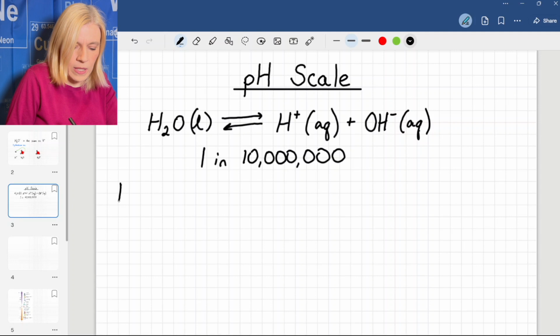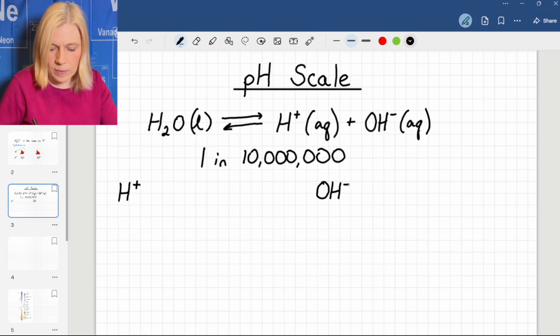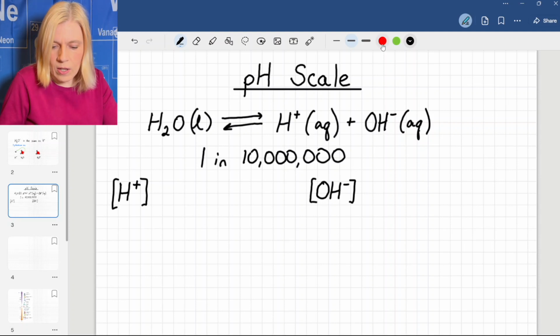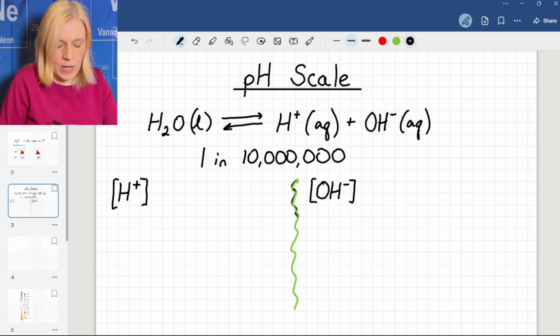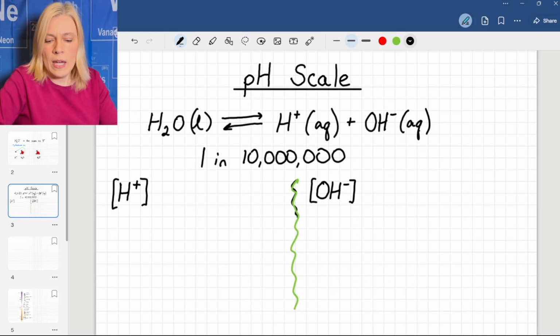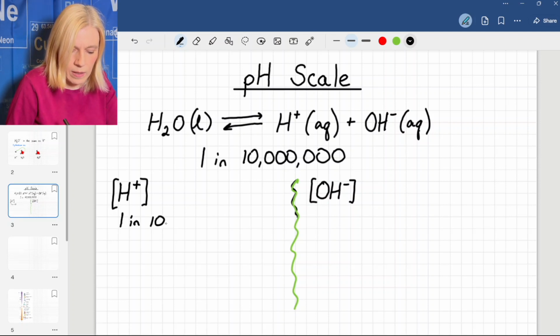So right here, let's talk a little bit about hydrogen ion concentration, and right here, hydroxide ion concentration. And you will see that whatever I do to the hydrogen ion, the same will happen to hydroxide, just because it's a 1-to-1 ratio. So how can I write 1 in 10 million? If 1 in 10 million water molecules splits, I'm going to have 1 in 10 million hydroxide ions swimming, and 1 in 10 million hydrogen ions swimming. So I'm going to write 1 in 10 million.